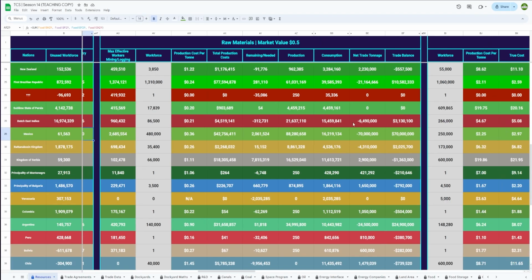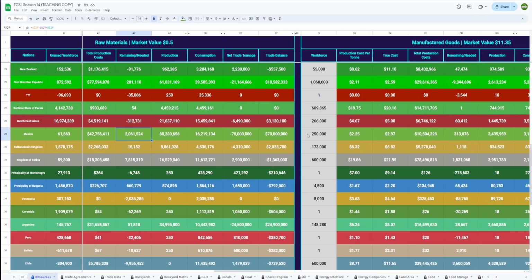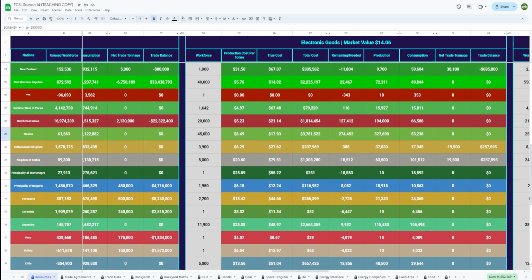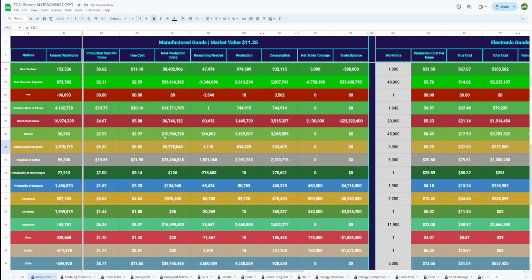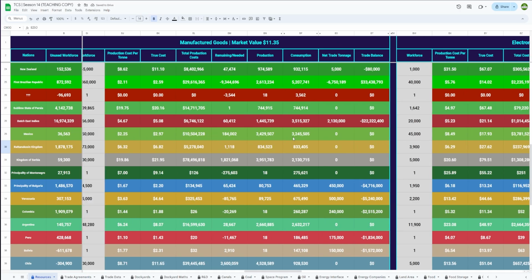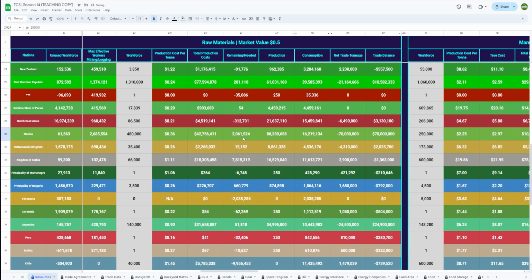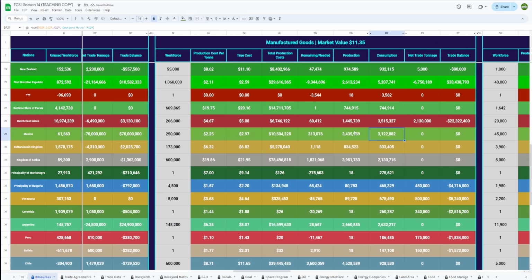Coming over here to the raw materials, we're actually going to skip over this. We're going to skip over manufactured, we're going to skip over electronic, and we're going to go straight to luxury. And the reason for this is because you need to work from right to left. Because if you look, if I produce more luxury goods, then I start consuming more manufactured goods than if I am not.